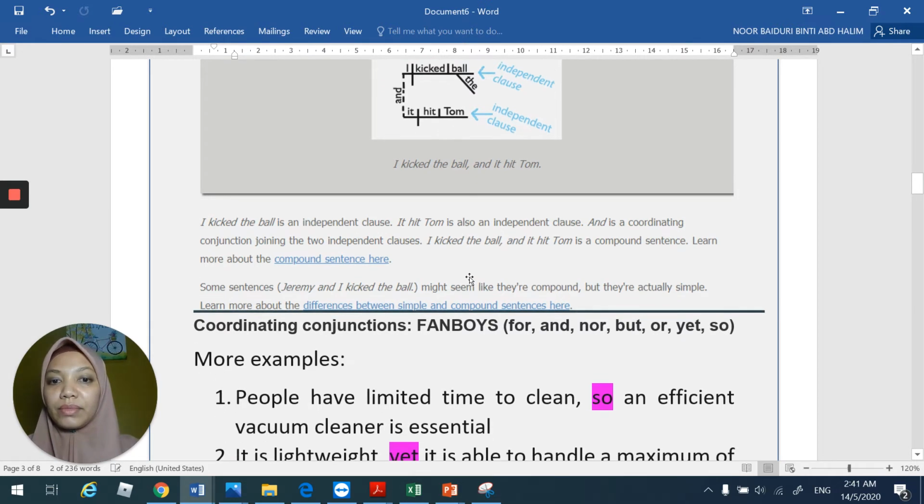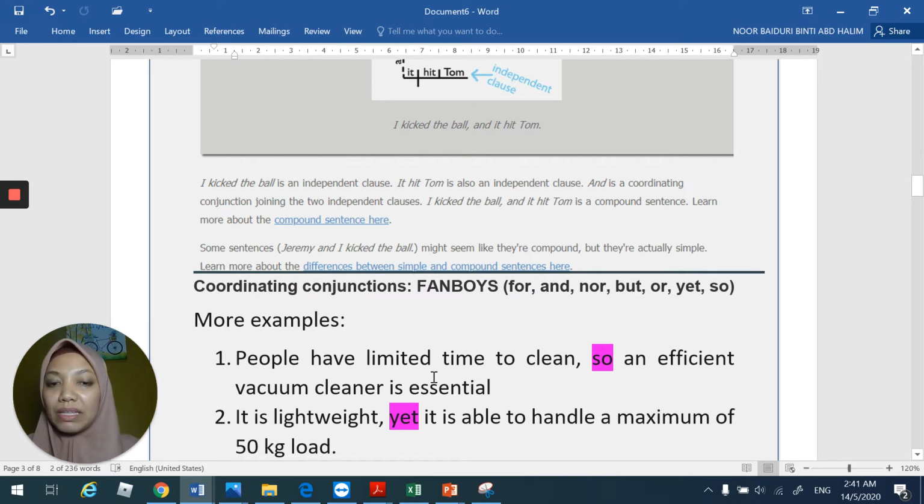So that means when you have a compound sentence, it's one level higher lah. Example here: people have limited time to clean, so an efficient vacuum cleaner is essential. All these examples I have made based on the context of product description to make it clearer to you. From here up to here, you have one independent clause. Tidak lengkap dah.